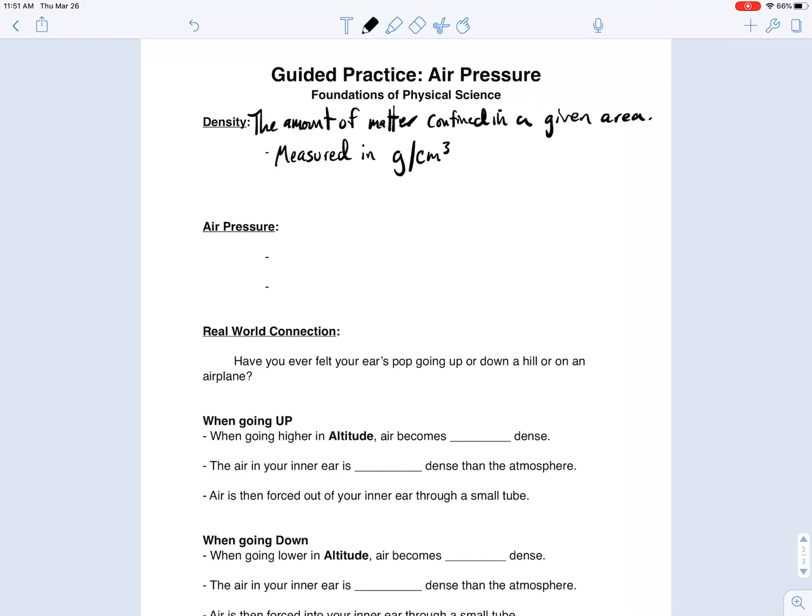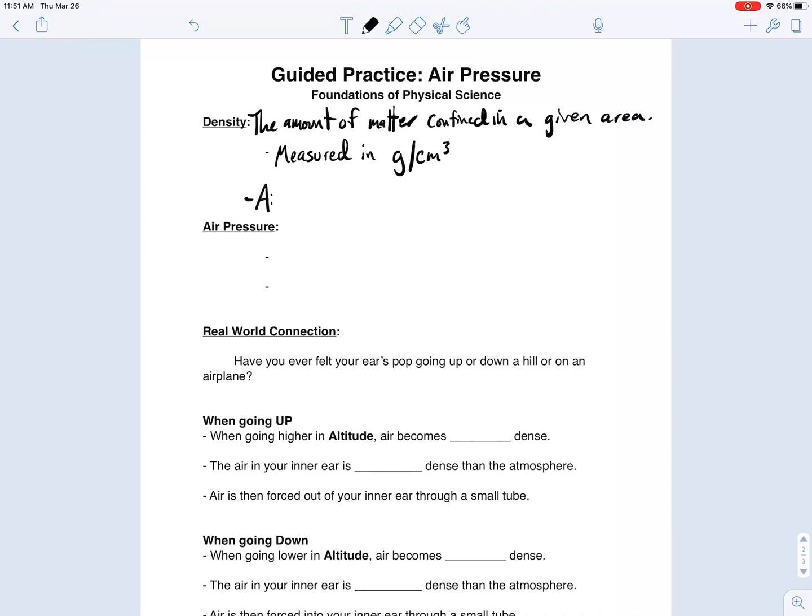We've been talking about that a lot, or grams per milliliter. Essentially, it's this measure of how much stuff have we fit into a certain area. Objects that are more dense have more matter crammed into the area than objects that are less dense. And we can think about these concepts when we think about air pressure, because we're going to be talking about how close these particles are together, and often the density of the air is impacted.